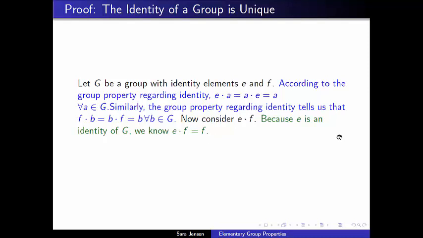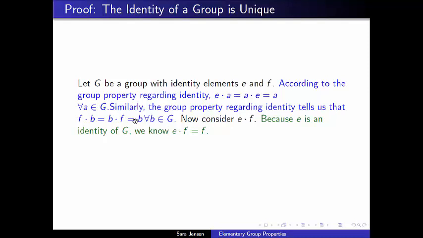Now, I did a thing to this equation, playing favorites with E and thinking about the fact that E was an identity element of the group, and I drew a conclusion. Again, don't play favorites. Go back to the drawing board, look at that E dot F, think of F as special, as an identity of the group, and forget about the fact that E is special.